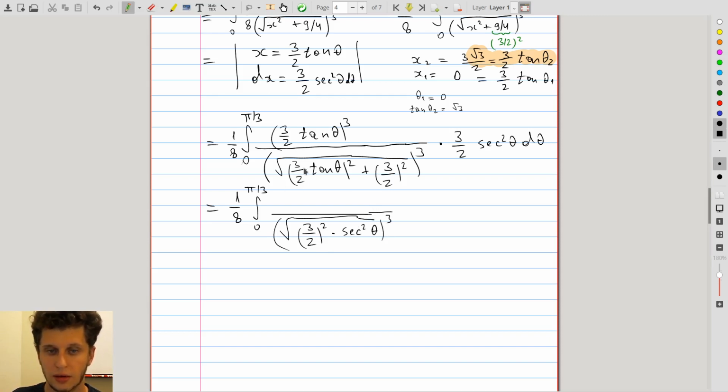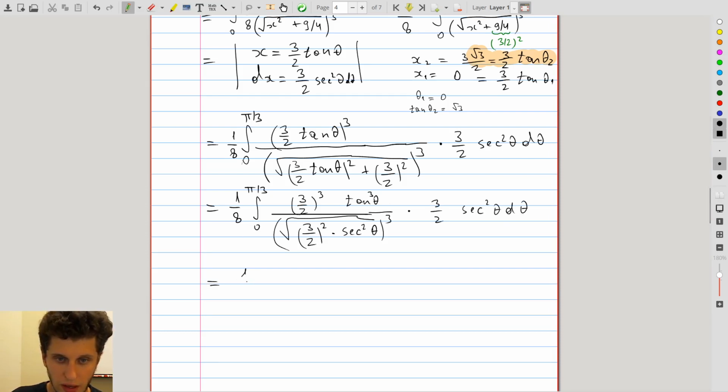And in the numerator, I have simply (3/2) cubed times tangent theta cubed, multiplied with 3/2 secant squared theta d theta. Note that once the square root cancels with the square, I don't need to do anything for absolute value as usual, because of the correct choice of the range.